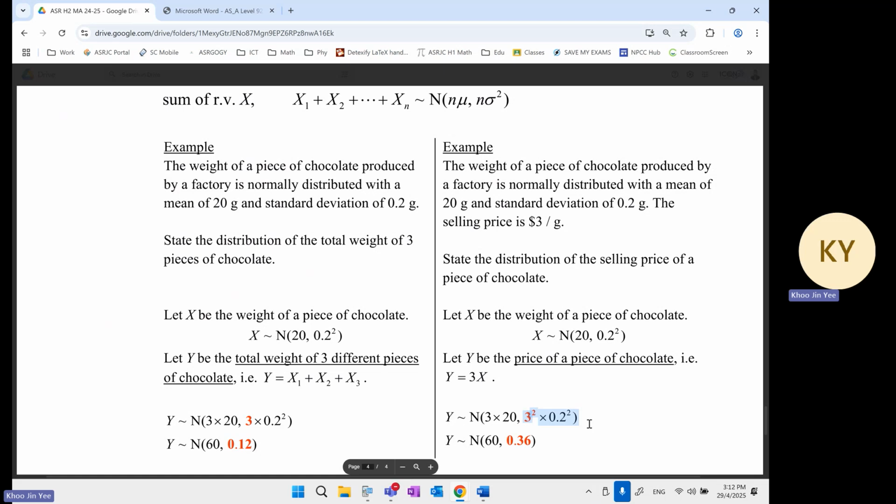So you need to be very careful with sums and multiples. Usually for normal distribution, one question is for sum, one for multiple, and the next level problem combines both sum and multiple together. That one you'll see in the later parts of your normal distribution, the last few questions.